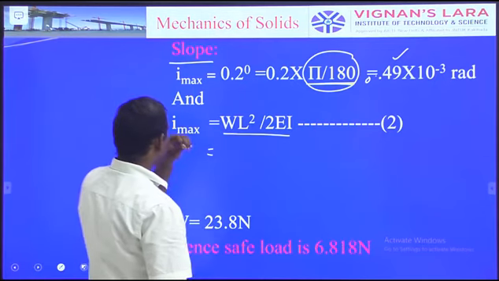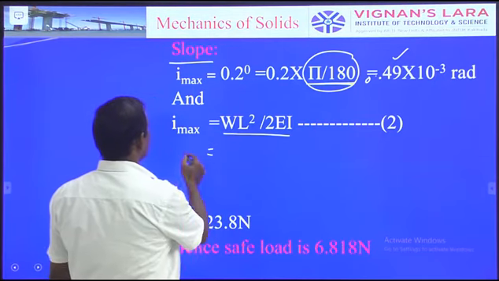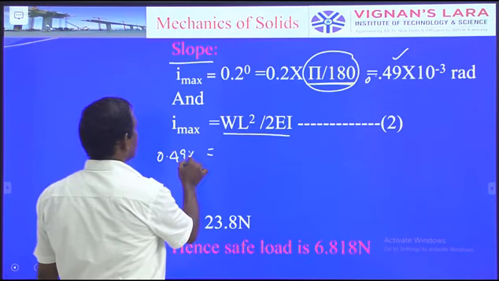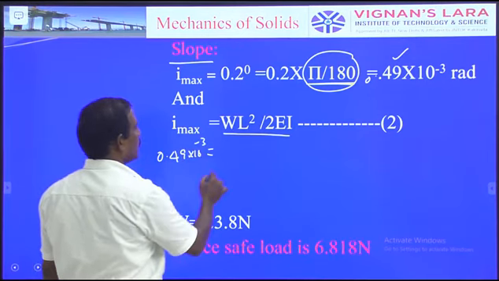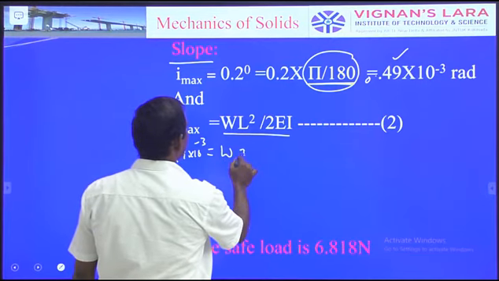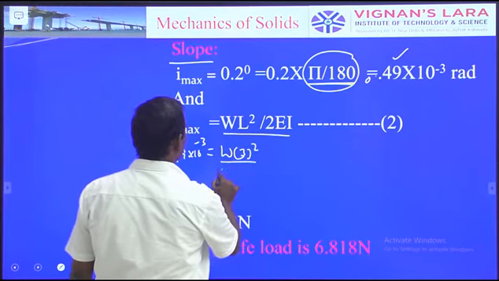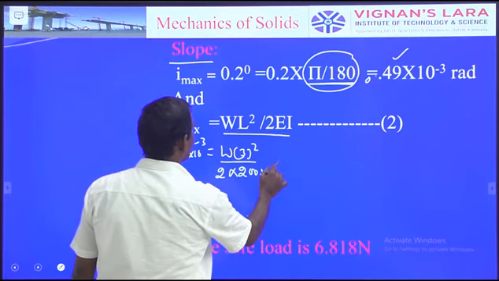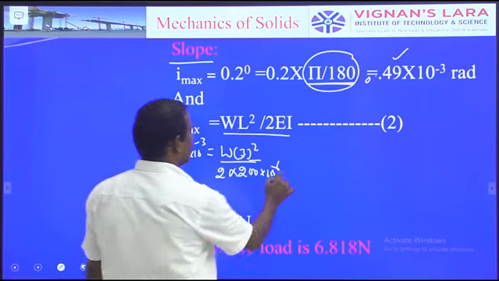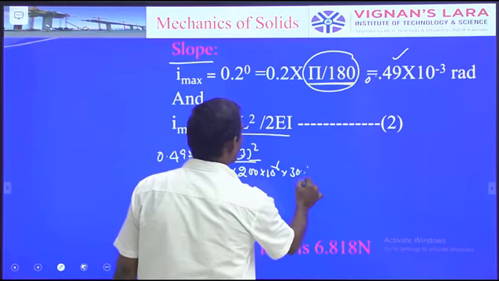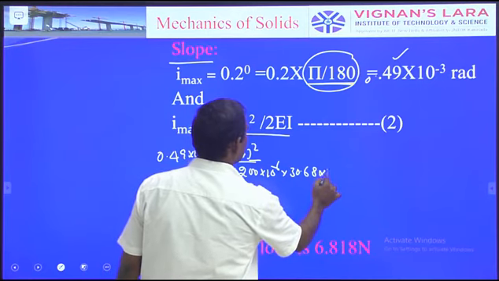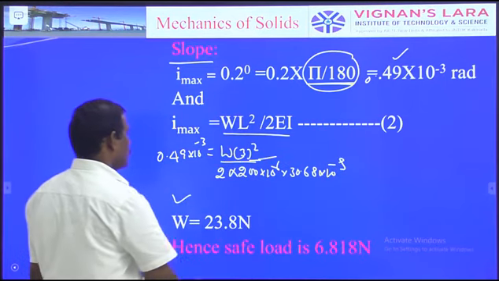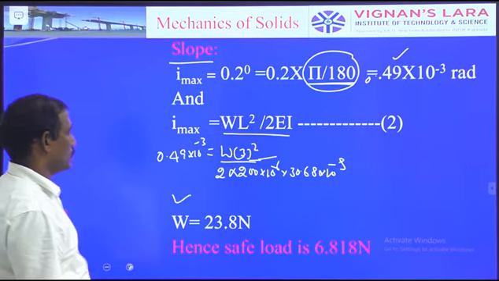So already I is given, that is equal to 0.49 into 10 to the power minus 3, equal to W into 3 square whole divided by 2 into 200 into 10 to the power 6 into I, which is 30.68 into 10 to the power minus 8. Finally, the W value is 23.8 newtons.